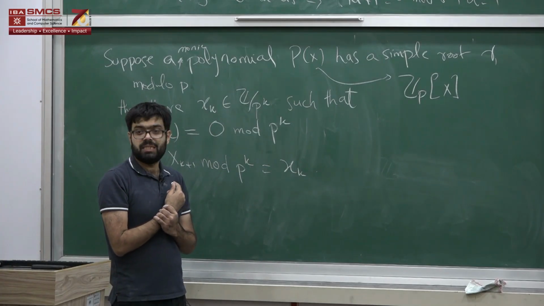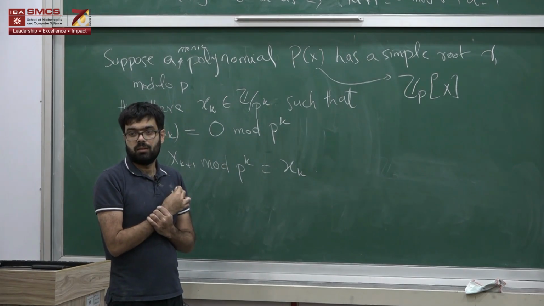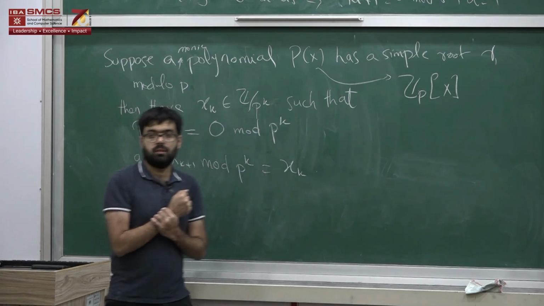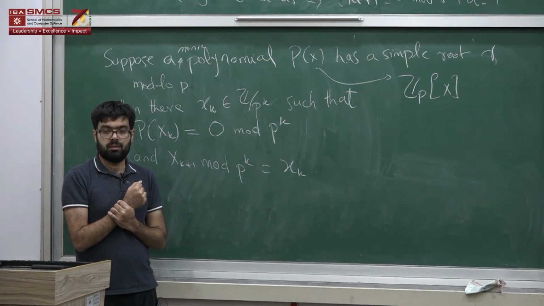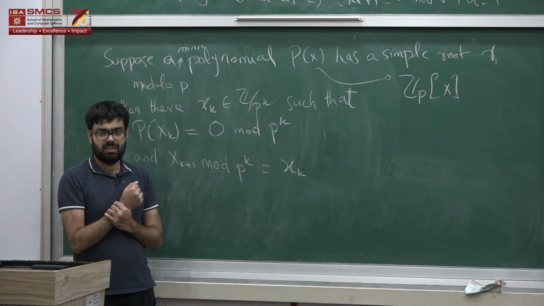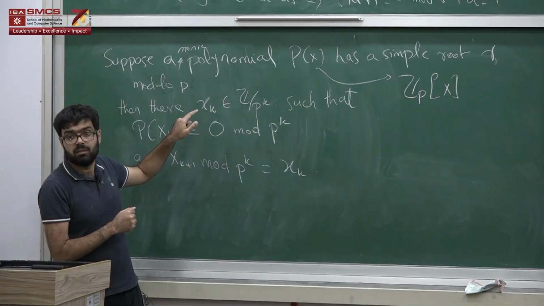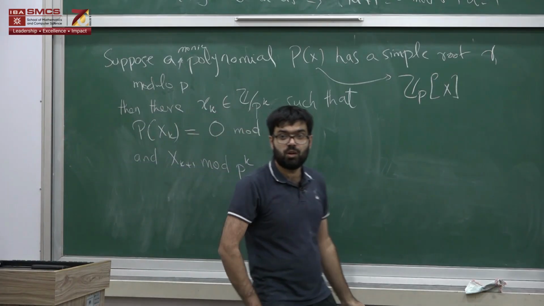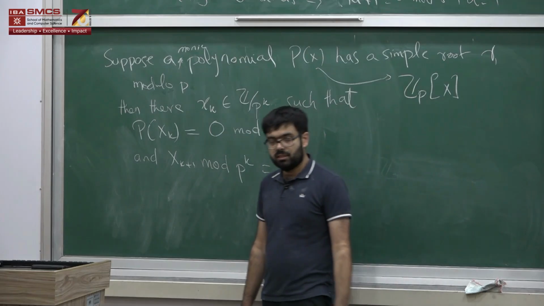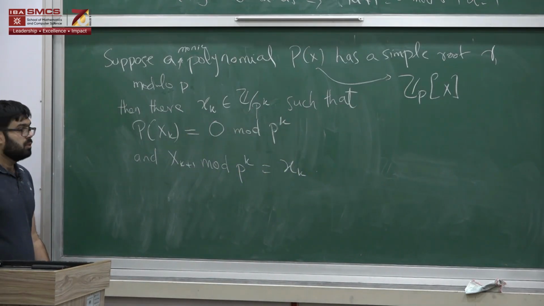They have a p-series without any negative powers of p. Oh, okay. Maybe I'm just confused. You said that if you have a simple root in p-adic numbers, then. No, mod p, simple root modulo p. So, simple root is in Z mod p. Okay. So, the coefficients are p-adic, but the root is mod p.